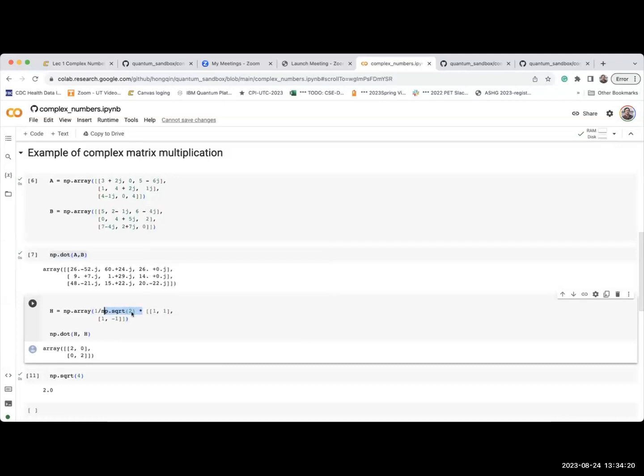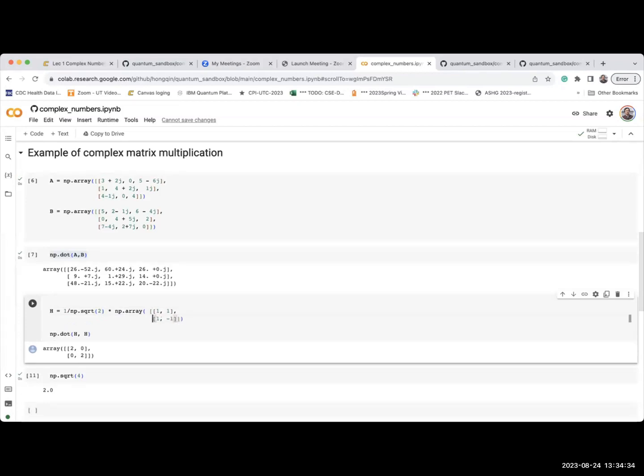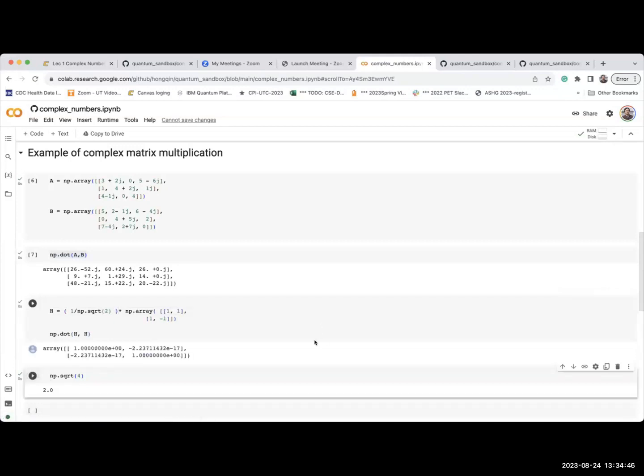Probably put it outside. That works. No, it didn't work.